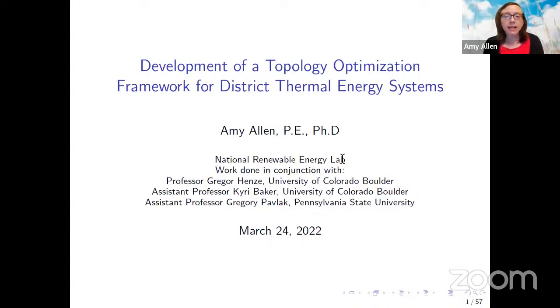The work was done in conjunction with my advisors and committee members, Professor Gregor Henze and Professor Kyri Baker of the University of Colorado, and Professor Greg Pavlak of Pennsylvania State University. In this presentation, I'll be discussing work to develop a topology optimization framework for district thermal energy systems.